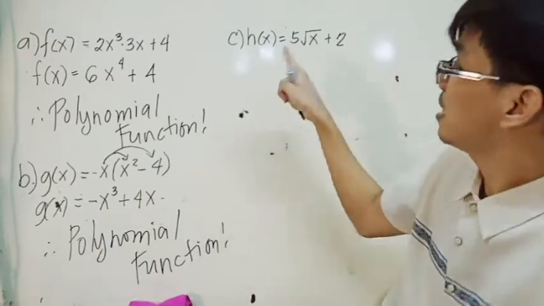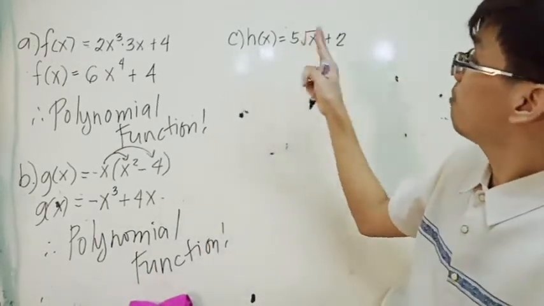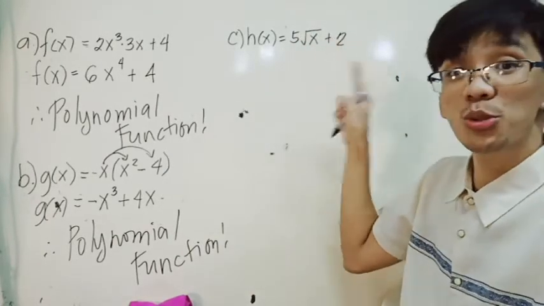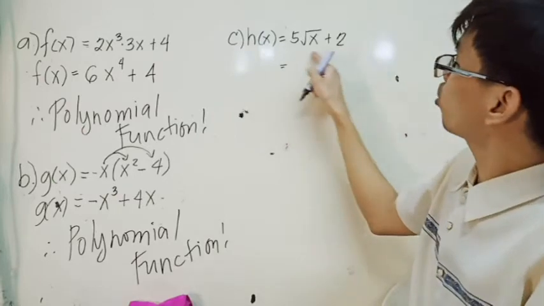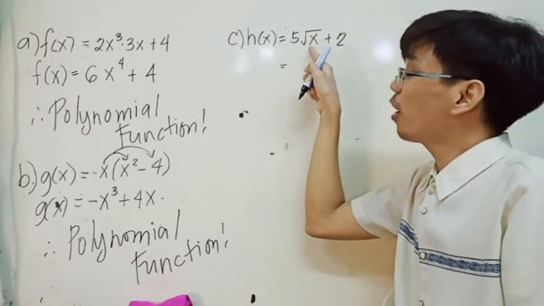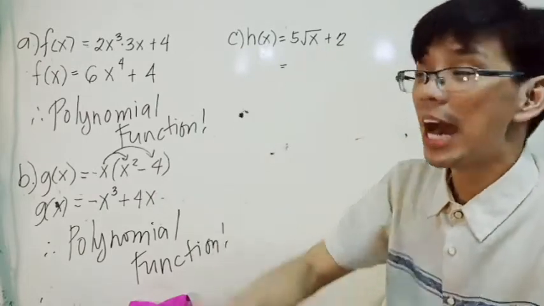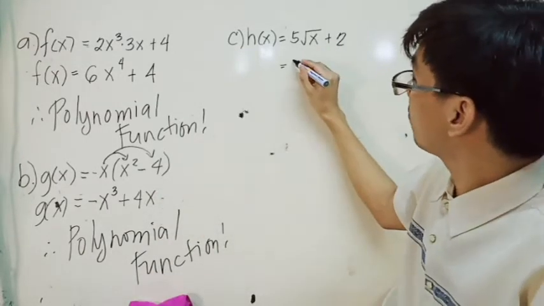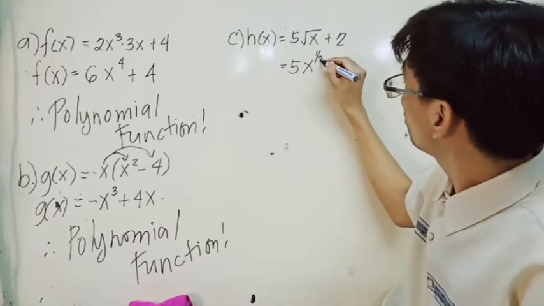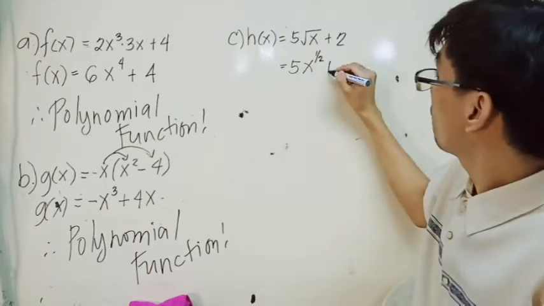And for the last given, h of x is equal to 5 square root of x plus 2. If we are going to transform this radical format into an exponential format, it will give us 5x raised to 1/2 plus 2.